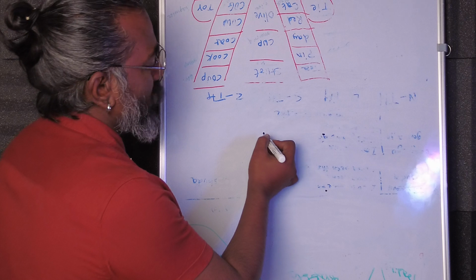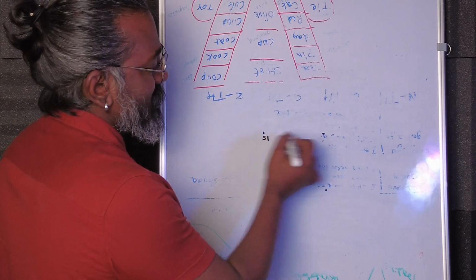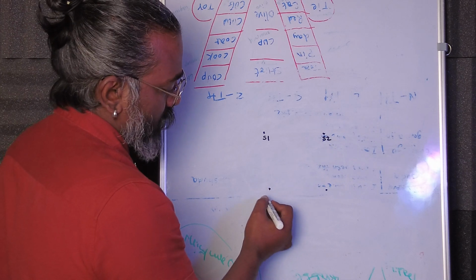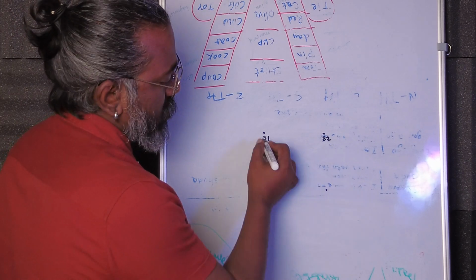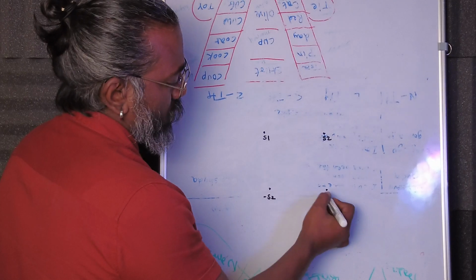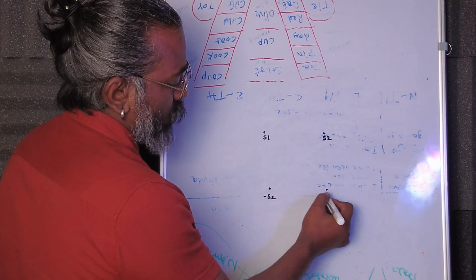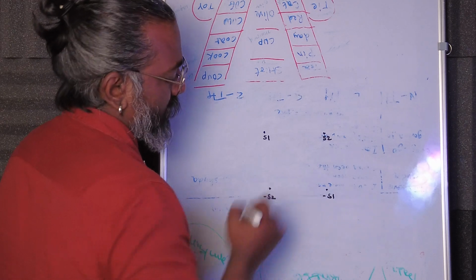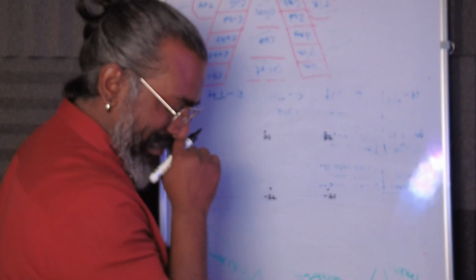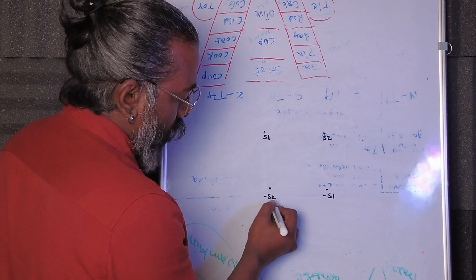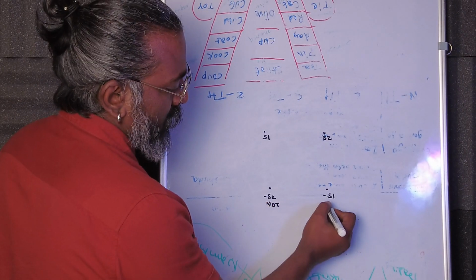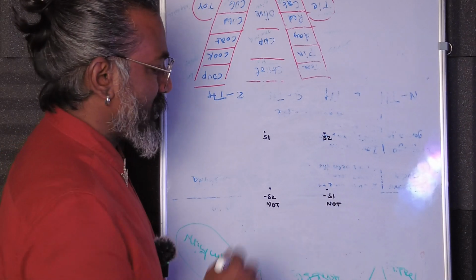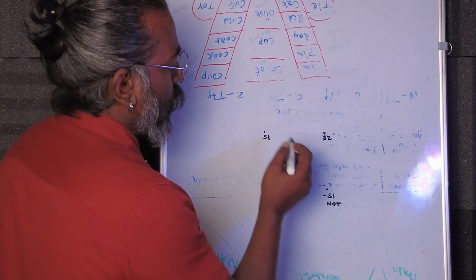So I told you S1, S2 corner, and exactly diagonally opposite minus S2, and exactly diagonally opposite minus S1. And as I said, when I say minus, means write not, N-O-T. Now you can see clearly four corners.